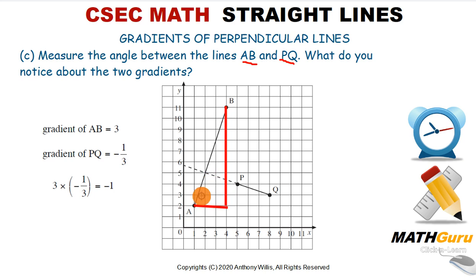It's 9 over 3. Let me see, 11 minus 2 is 9, and 1, 2, 3 is 3. The gradient of AB would be 3.